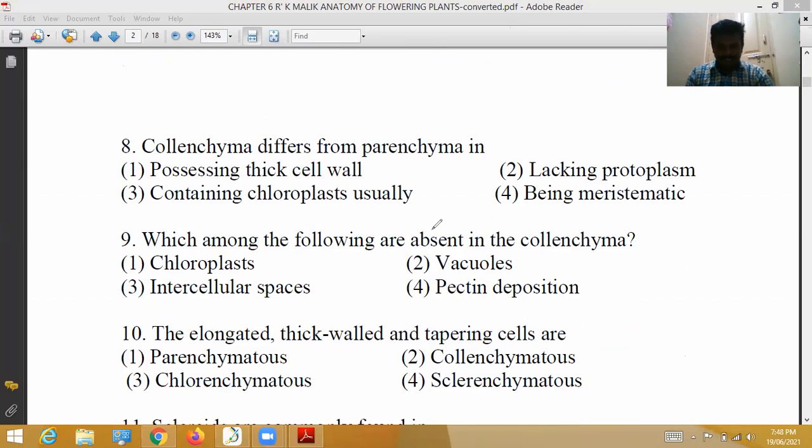Next bit, eighth question. Collenchyma differs from parenchyma in which of the following options?